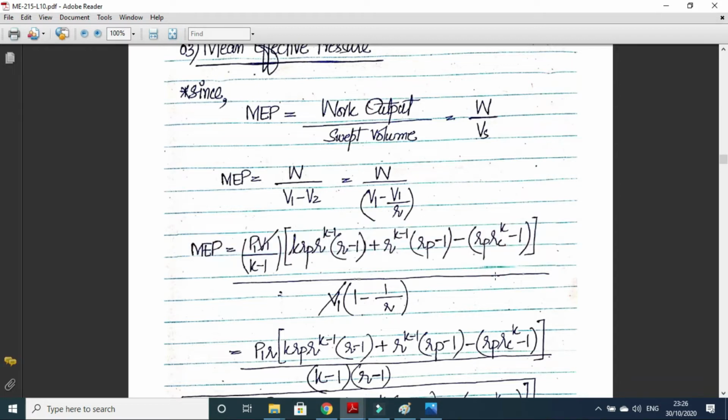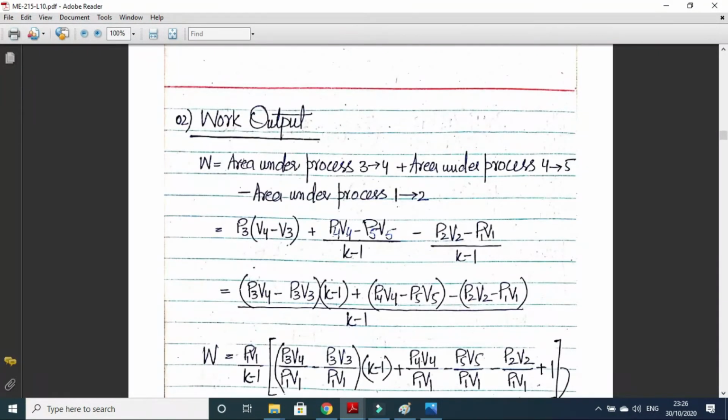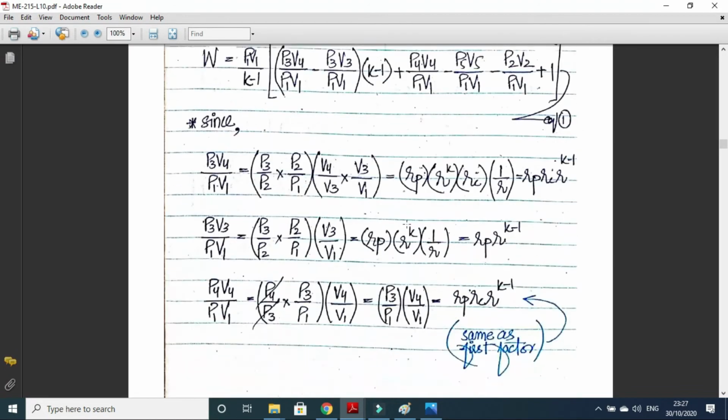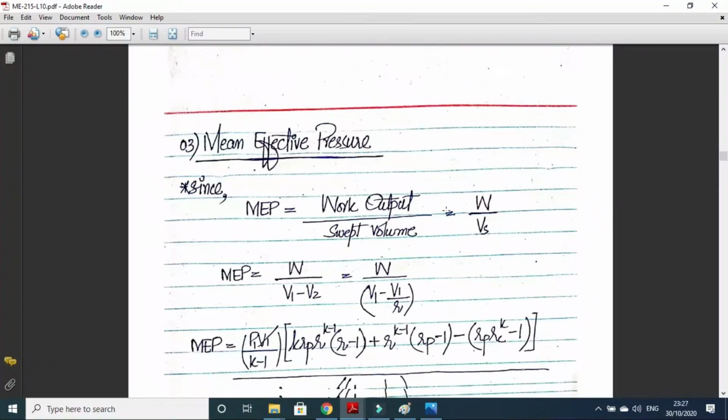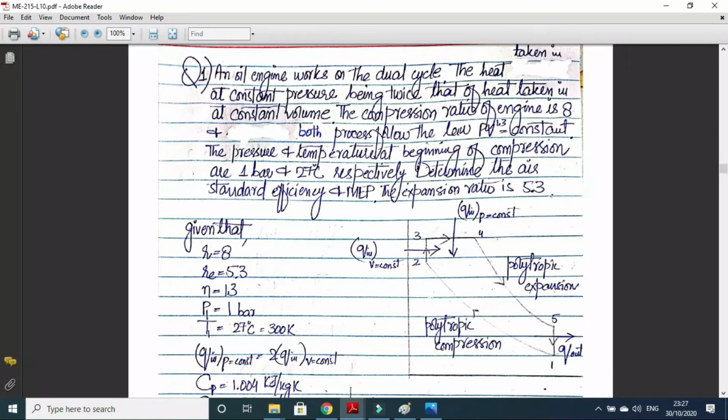No, if you are asked to derive the mean effective pressure expression, then you have to start from here, and there is no need to do the thermal efficiency derivation. For mean effective pressure, you have to start from the work output derivation. Okay, so now these things are done. Let's start solving the numericals.